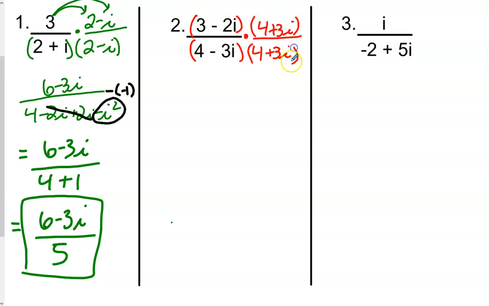Okay, let's do our numerator first. 3 times 4 gives us 12. 3 times 3i is going to be 9i. Then we have the middle piece, negative 2i times 4 is negative 8i. Negative 2i times 3i is going to give me negative 6i squared.